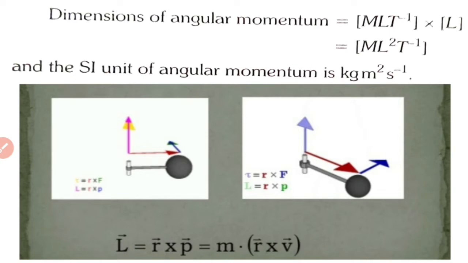Both angular momentum and torque act along the axis and the direction is given by the right hand thumb rule as given in the diagram. The dimensional expression for angular momentum is M L squared T raised to minus 1 and the SI unit of angular momentum is kilogram meter squared per second.